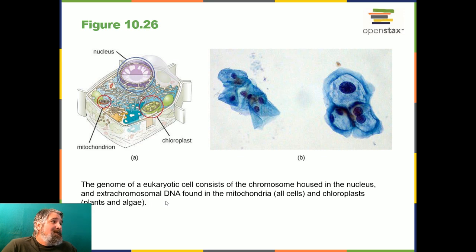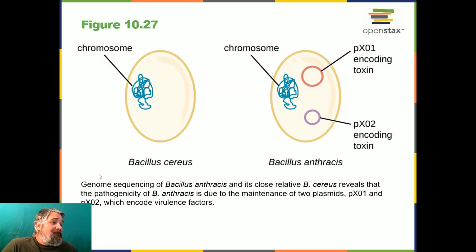So anyway, this is the importance. So again, with the learning objective, this is the importance of the extrachromosomal DNA. All right. Now, when we talk about extrachromosomal DNA in prokaryotes, we're, of course, talking about plasmids. And in this example here, we have Bacillus cereus versus Bacillus anthracis. All we have to do is take these couple of plasmids out of the Bacillus anthracis and put them into cereus.